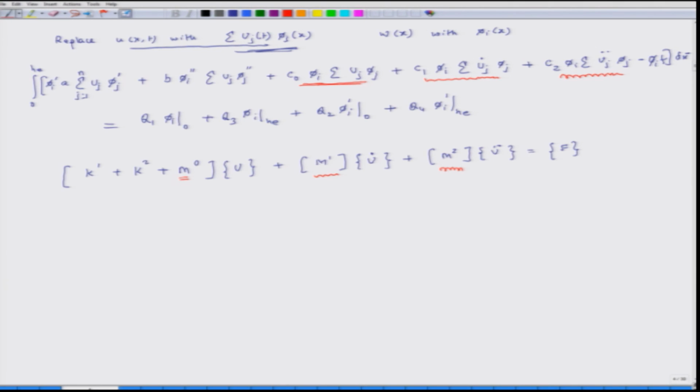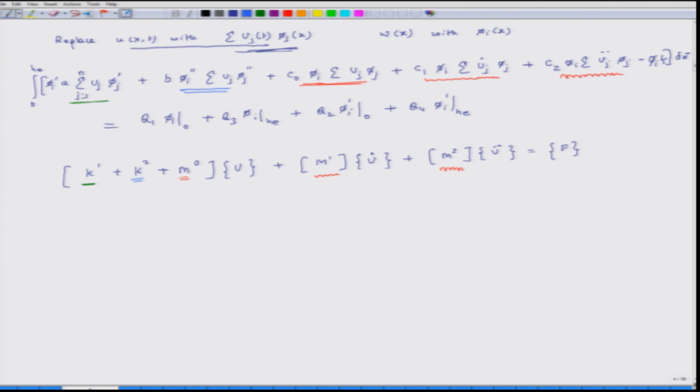And then finally, I have two stiffness matrices. The first stiffness matrix comes from these terms, so that is k1, and the second stiffness matrix comes from the terms underlined in light blue, so it is here.